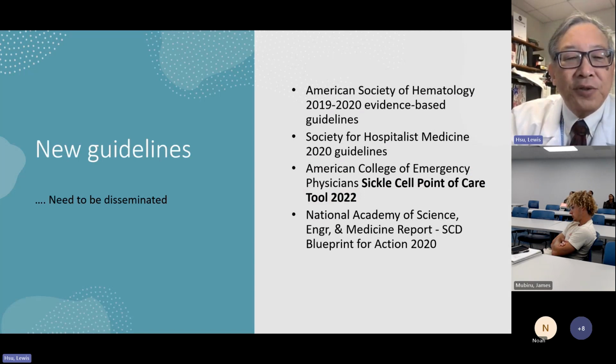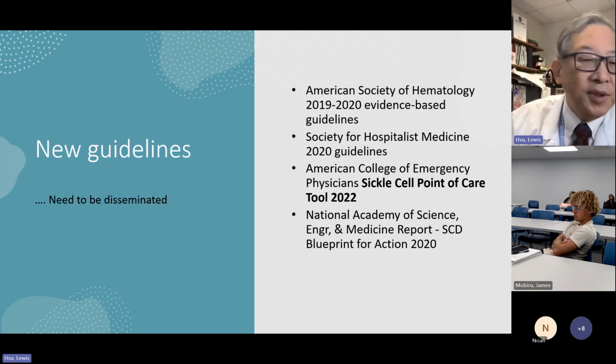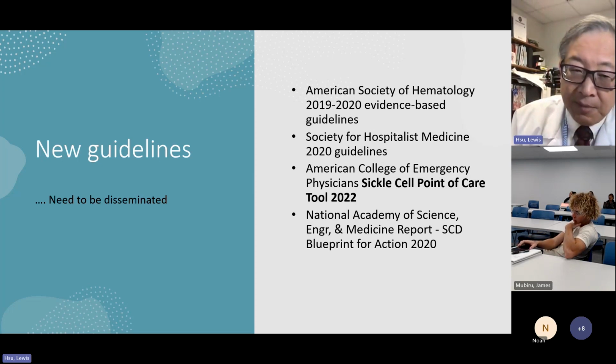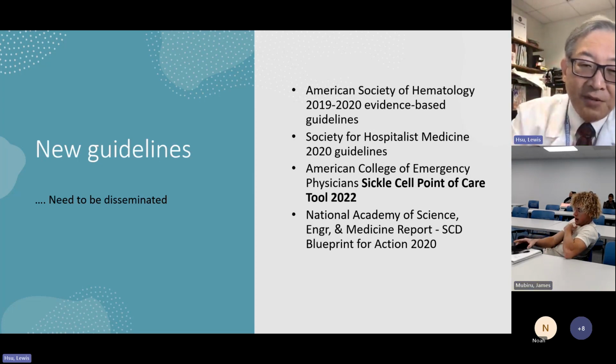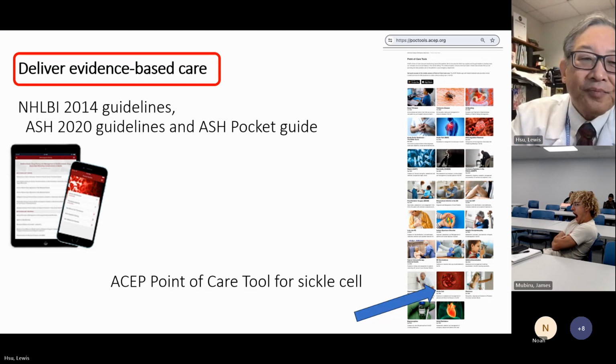All right. This is more for medical students and others: there are published guidelines now, some of them extremely recent, just in the past few years, that help describe to different doctors who may not be familiar with sickle cell disease, here's a guideline, here's some things you can do. Some of these are on apps, such as shown here. Some are on websites, shown here.